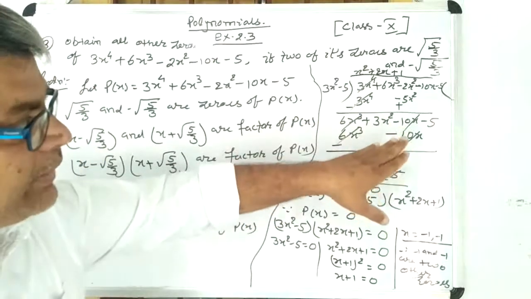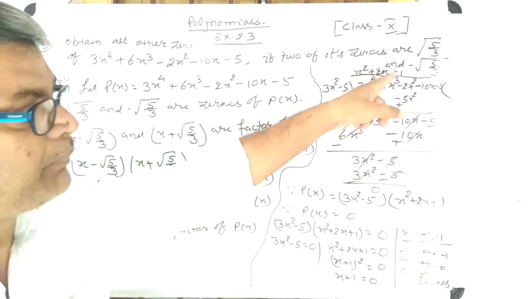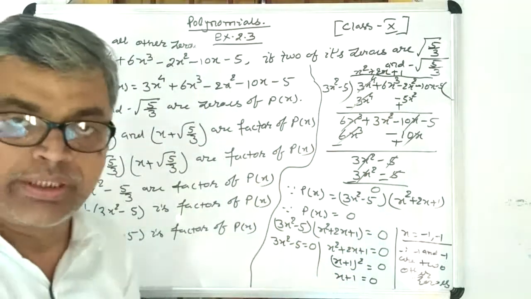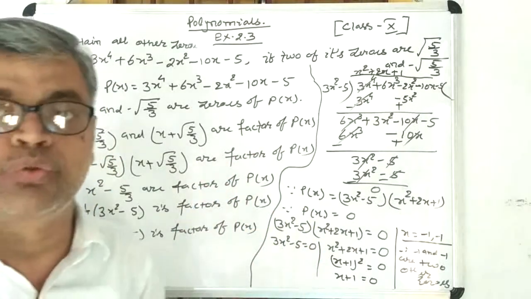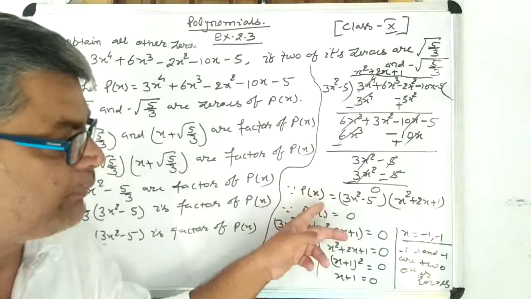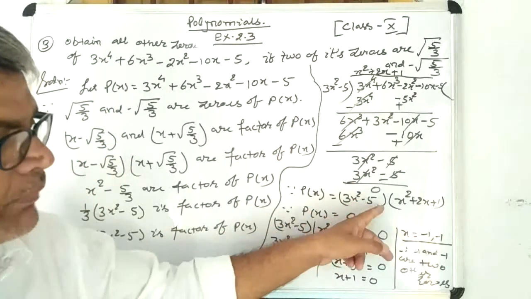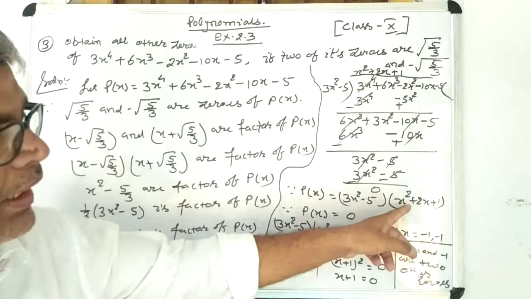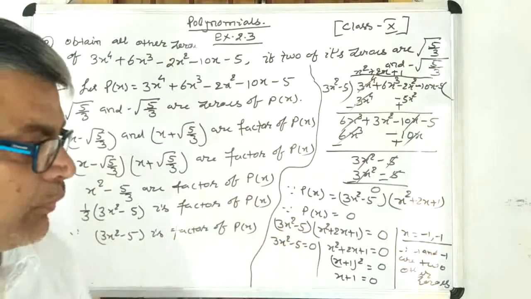You perform the division, then you will get the quotient x² + 2x + 1. And applying the property that dividend equals divisor into quotient, p(x) = (3x² - 5)(x² + 2x + 1).